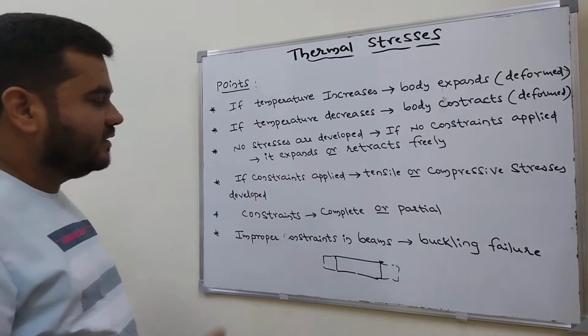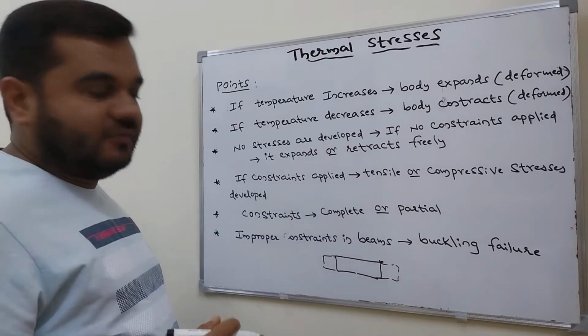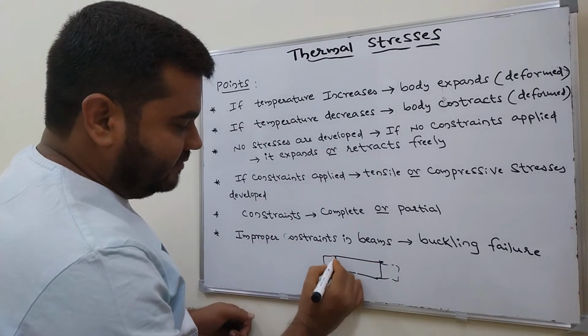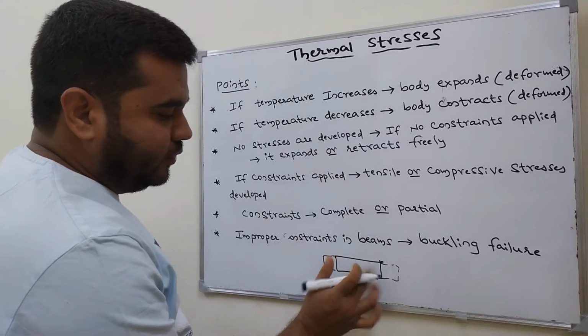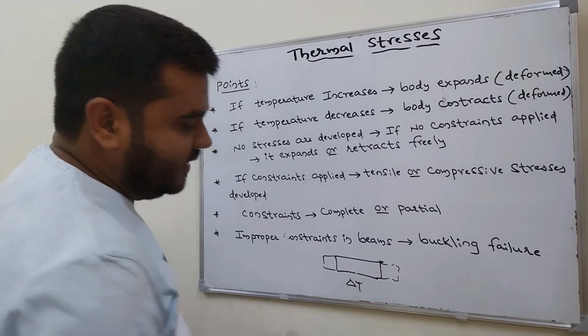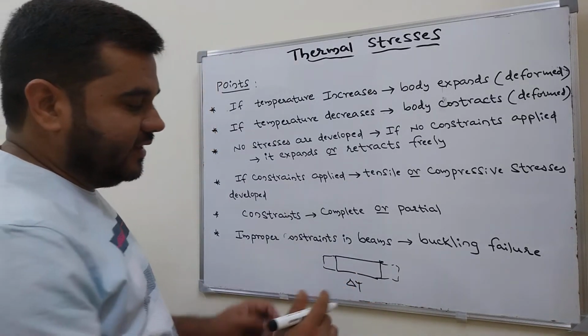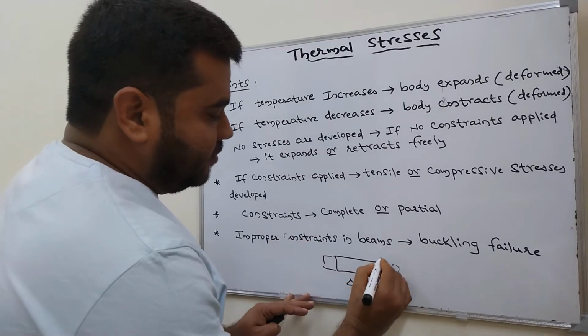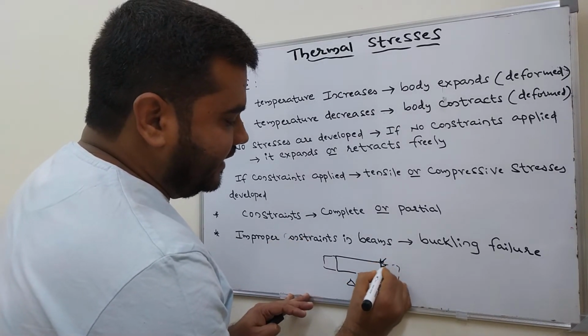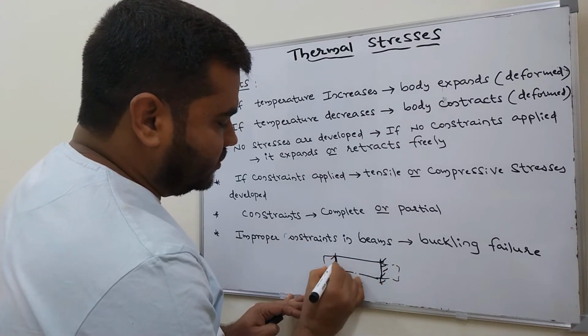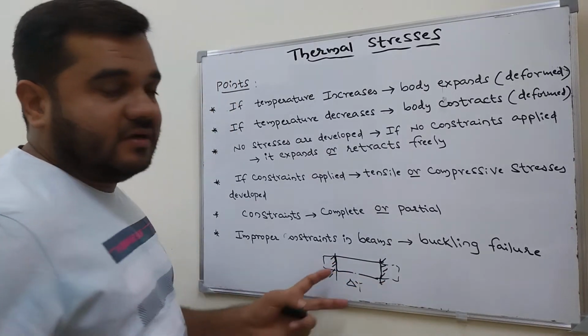The next point is, if constraints are applied. For example, the body is expanding due to an increase in temperature delta T. Suppose it is held rigidly between two supports. These two are called constraints.